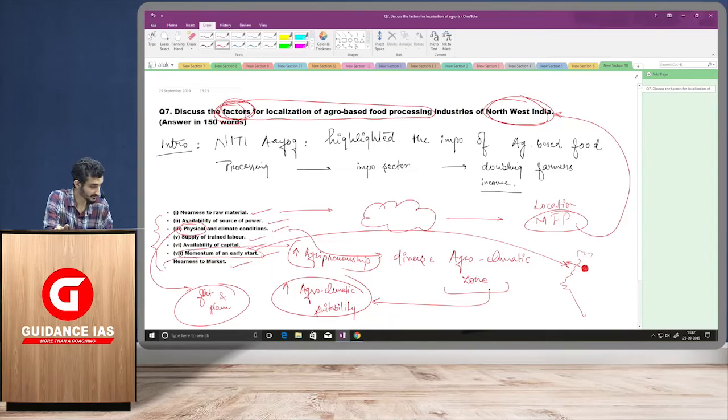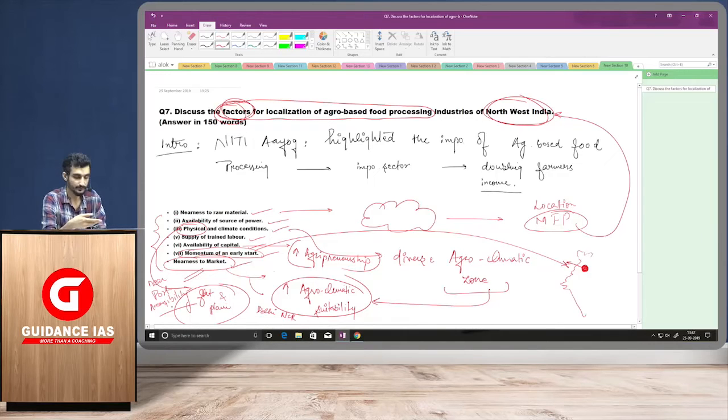And nearness to market, it can be in the sense of local markets catering to the needs of the local areas, and also Delhi NCR, it's a very good market for it. And also just going by Rajasthan into Gujarat, they have port accessibility also. So nearness to port accessibility is also present. So these all locational factors are responsible for development of agro-processing industries in the northwest part of the country.